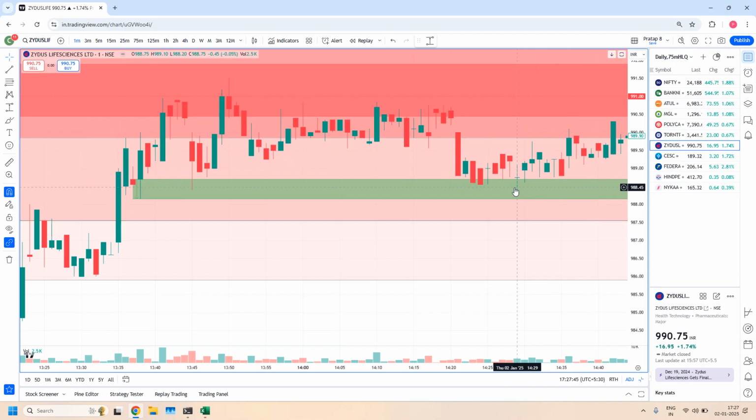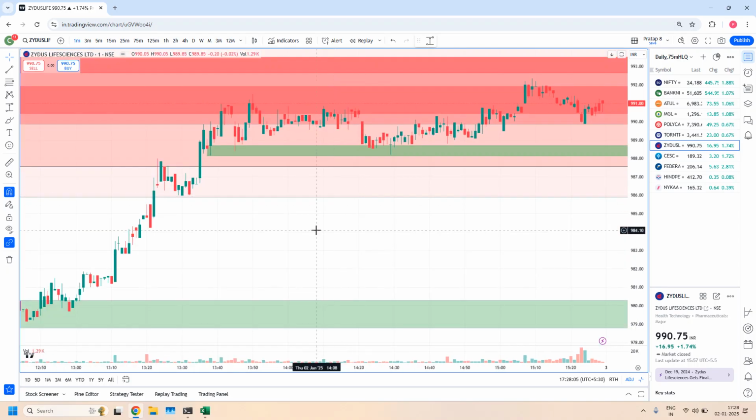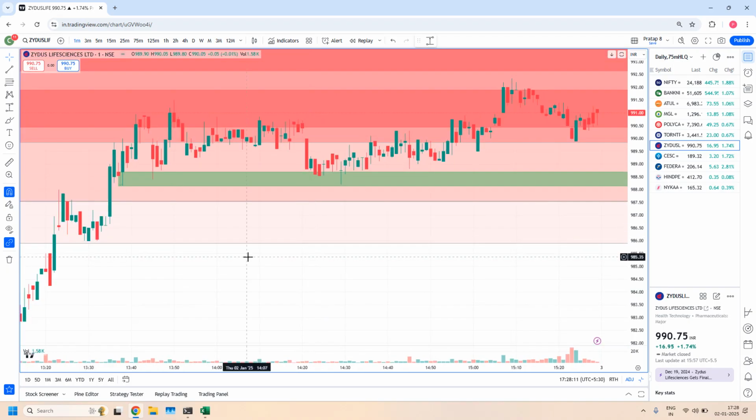You may get some 300 or 400 rupees profit, but mostly you will be paying security transaction charges and brokerage charges. After deducting all the taxes, probably you would have got some 200 or 300 rupees. That's why we don't care about that kind of profit. It's like a no profit, no loss kind of trade.